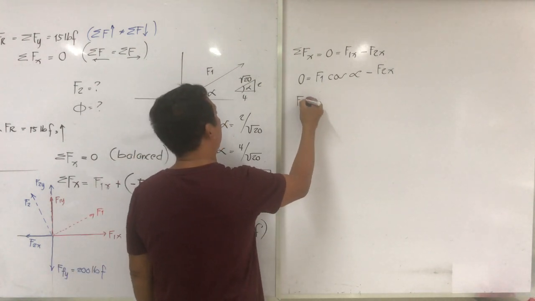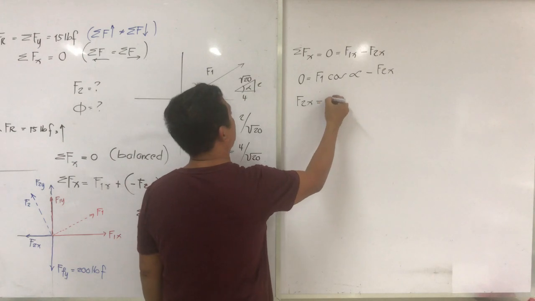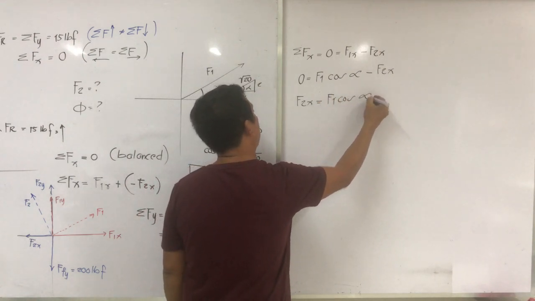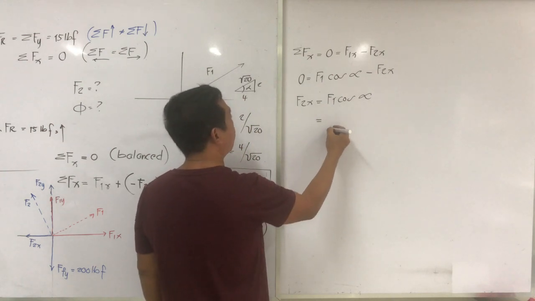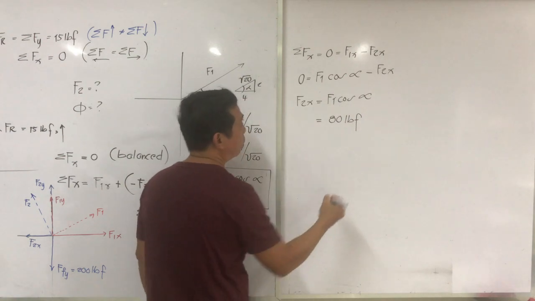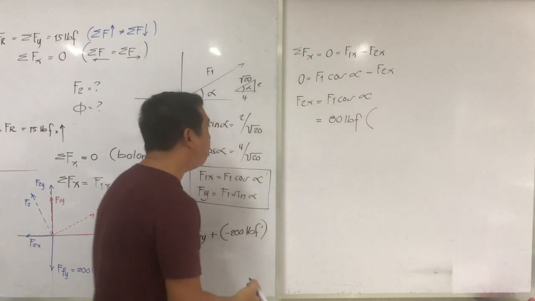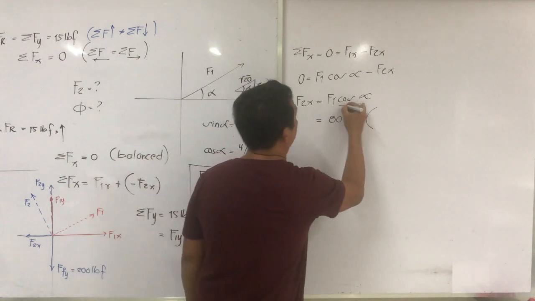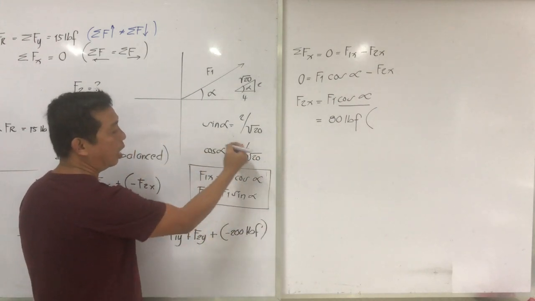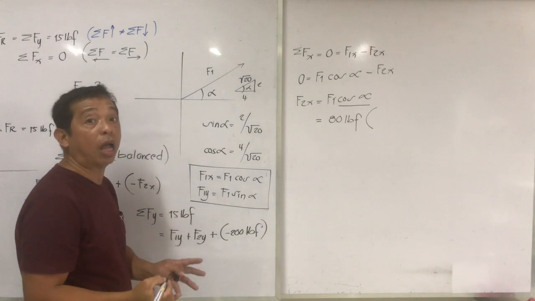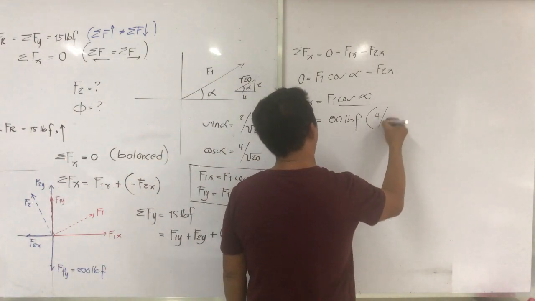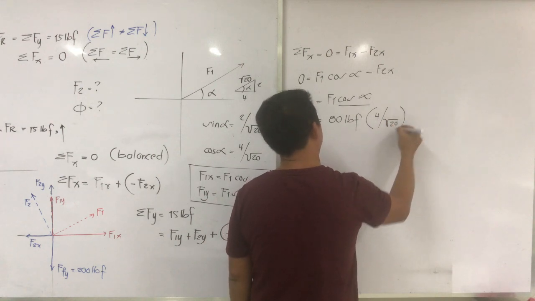Transposing, makuha natin na ang ating F2x ay F1 cosine alpha, kung saan ang F1 ay may value na 80 pound force multiplied by, ano ba mismo yung cosine alpha? Hindi mo na kailangang hanapin yung angle, ang equivalent ng cosine alpha natin ay 4 over root of 20.